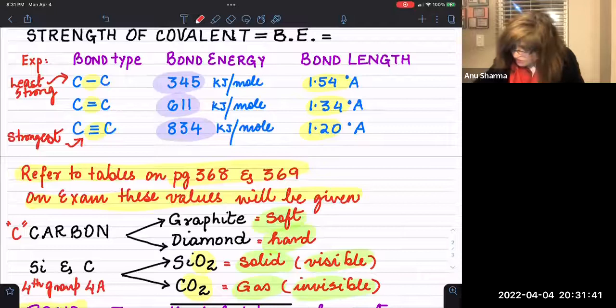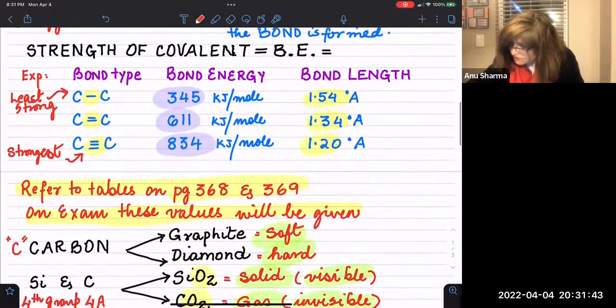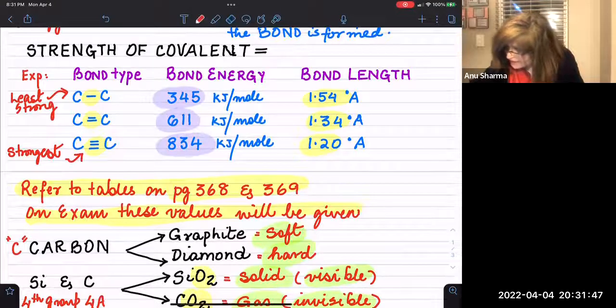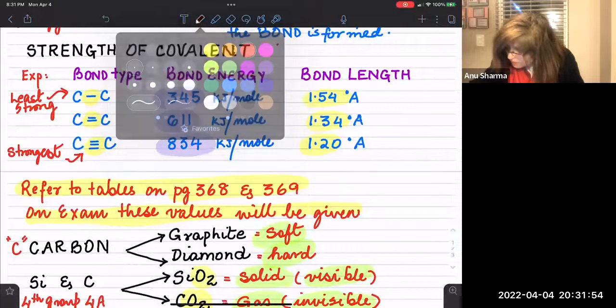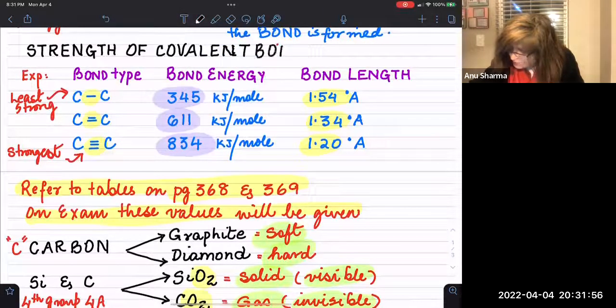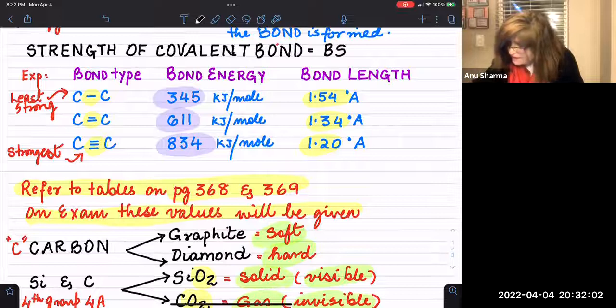So let me just do this. Bond type: the strength of the covalent bond depends on the bond energy and bond length. Strength of the covalent bond is equal to, this is the BS, the bond strength, which is inversely related to bond length.